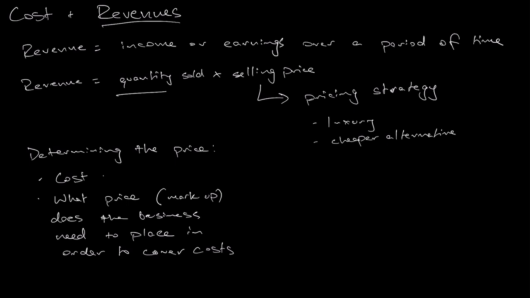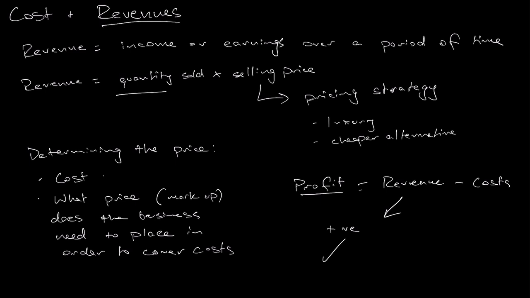The business needs to ensure, for most profit-making businesses, their number one objective is to ensure that they're covering all of their costs. The way that we figure out whether or not this occurs is by figuring out the profit of the company. The profit, very simply, is just the revenue minus costs of a company. If that figure is positive, great.